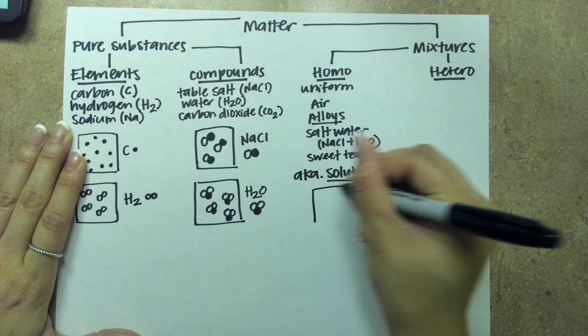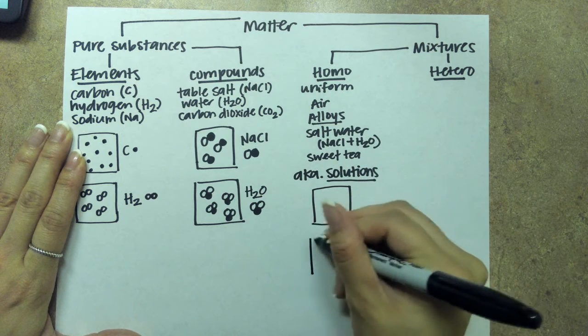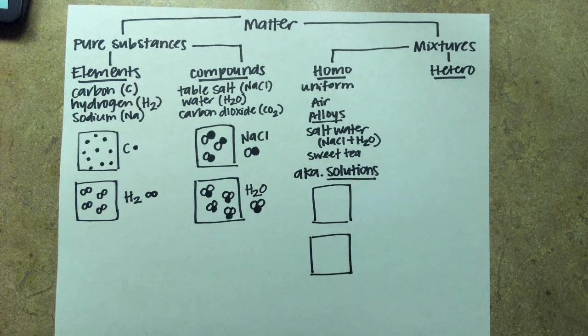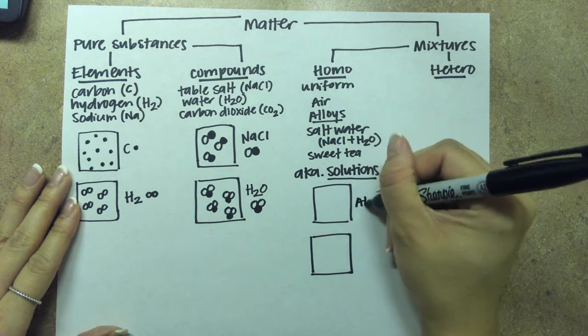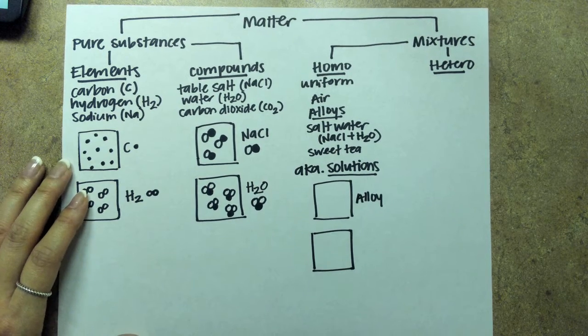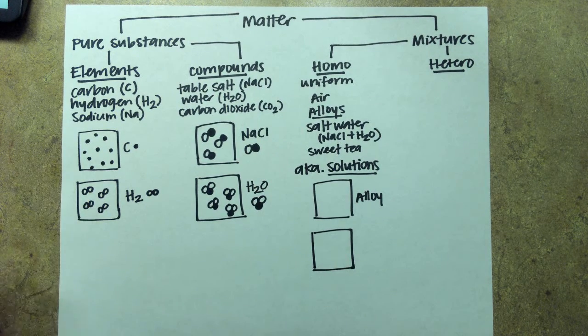If I'm drawing a particle diagram of these, because again, we want to be able to see what these look like if we were able to zoom in real close to these items. If I were doing something like an alloy, so I'll label this as alloy, and let's say this alloy is a mixture of something like nickel and iron.